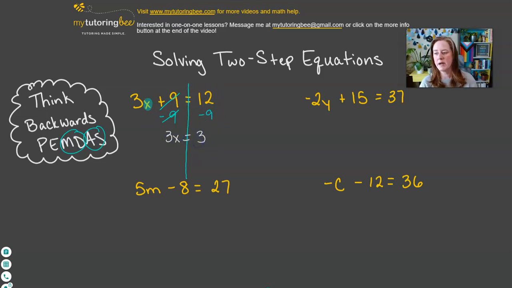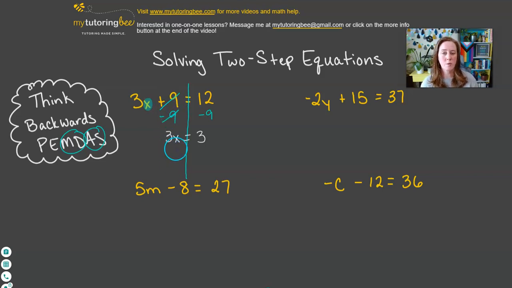Now we are going to again look at our equation and assess the situation. X is being multiplied times 3, so we want to undo that multiplication, and the opposite of multiplication is division, and we're going to divide by that number in order to get 1x. When we're adding and subtracting, like we did up here, we want the result to be 0.